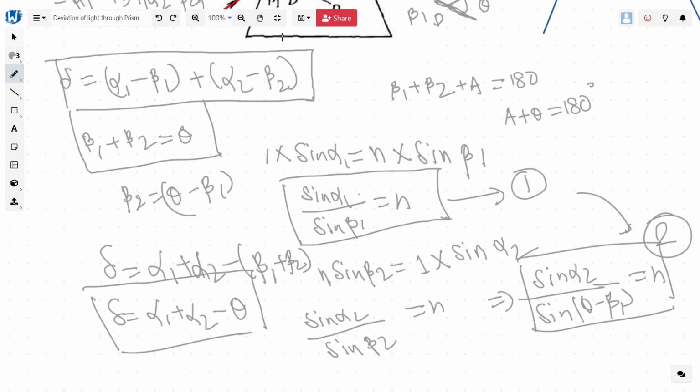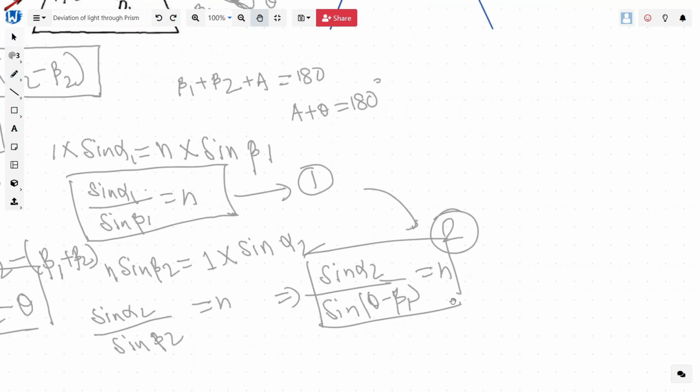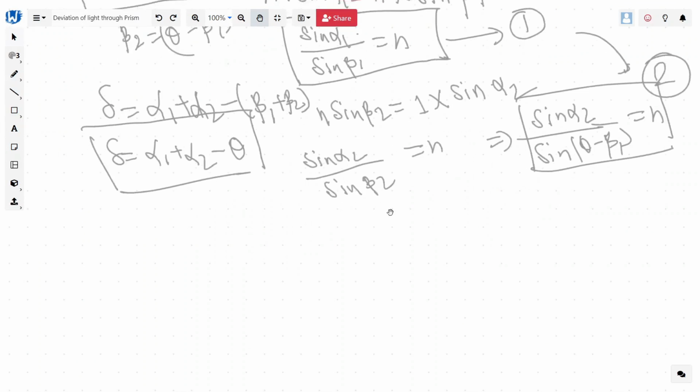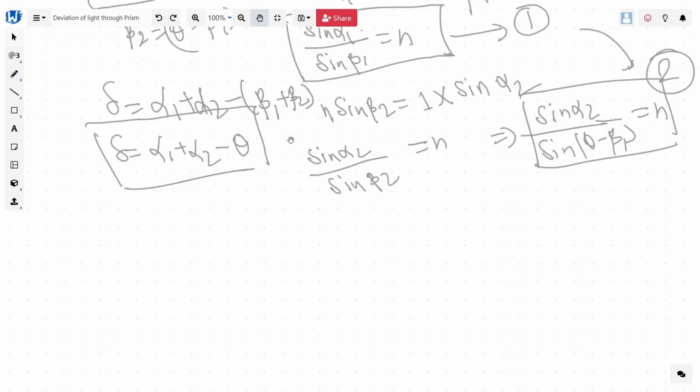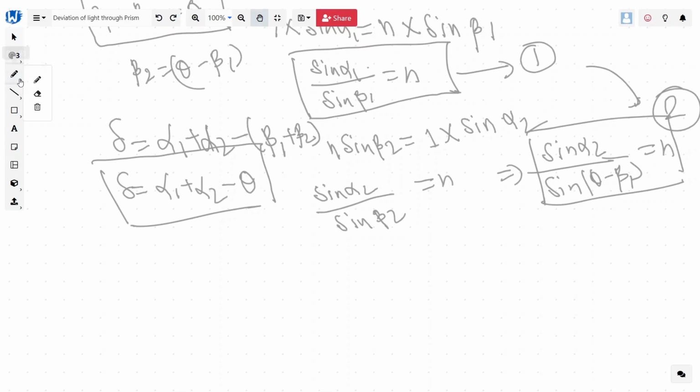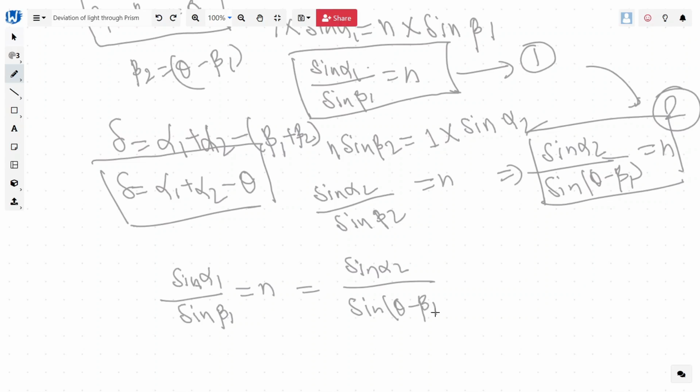So we already have a relationship between beta 1 and beta 2. So we have these three equations which formulate the general law here, which we want to write separately so that we can revise as well. Equation number 1 says that sine alpha 1 divided by sine beta 1 is equal to n, and this is also equal to sine of alpha 2 divided by sine of theta minus beta 1, right?